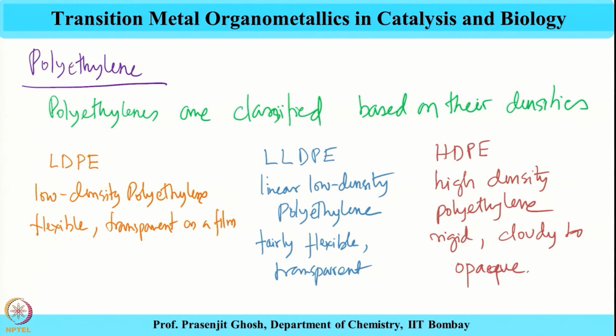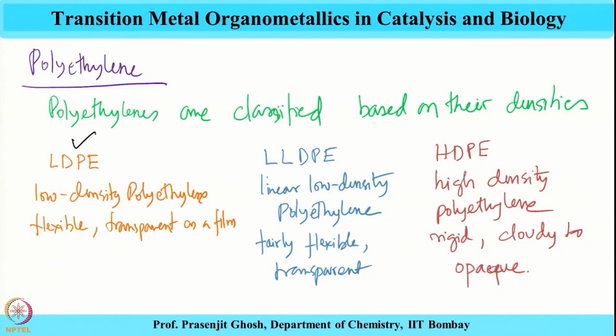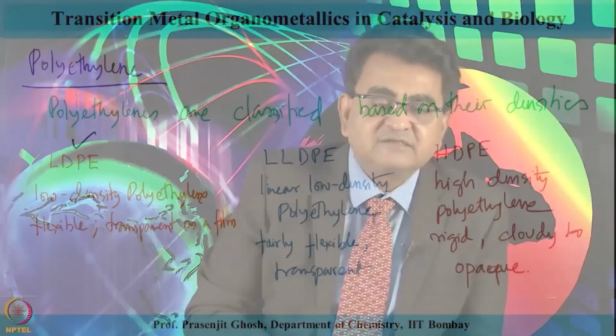Now, with regard to the historical perspective on the development of various processes producing each of these polymers, the first actually goes back to LDPE, which is the first one to be synthesized, or there were processes for these to be synthesized, and Ziegler-Natta catalysis actually came long after that, about 2 decades later.